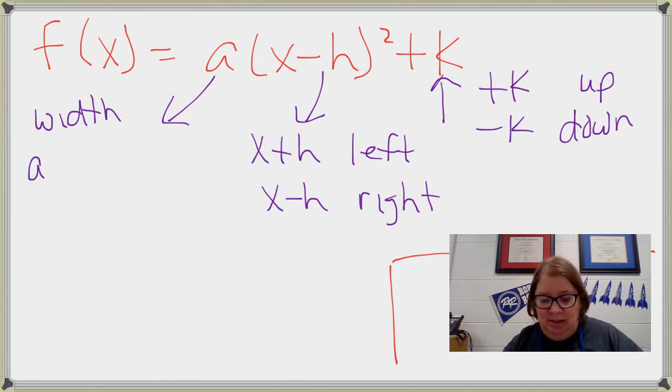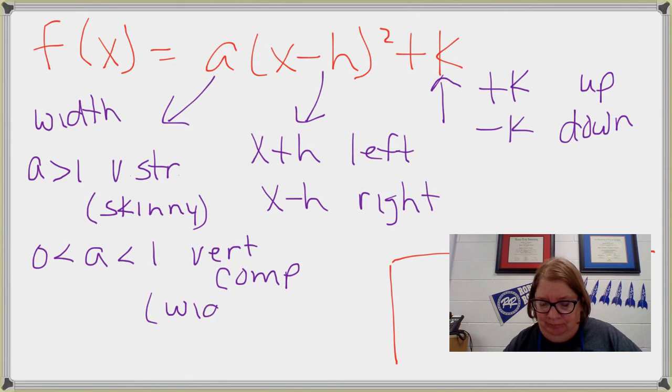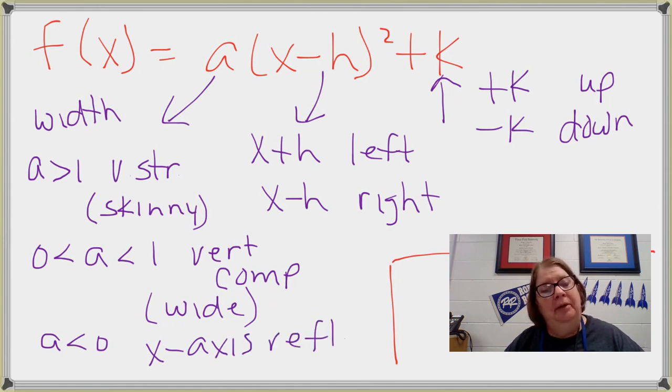So if A is bigger than 1, it's going to be a vertical stretch. It's going to make it skinny or narrow. If A is between 0 and 1, 1/4, 1/2, 1/8, 3/4, 2/5, 0.5, 0.3, that is going to be a vertical compression, and it makes it wide. And if the A is negative, then that's an x-axis reflection.